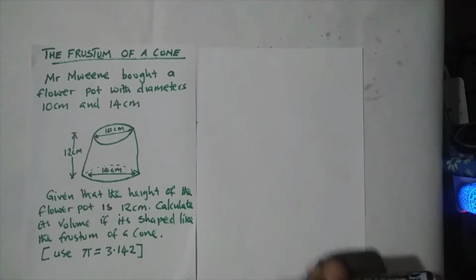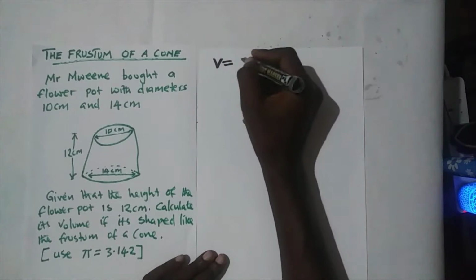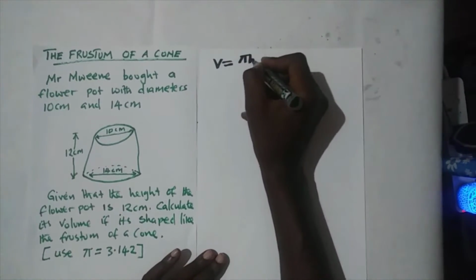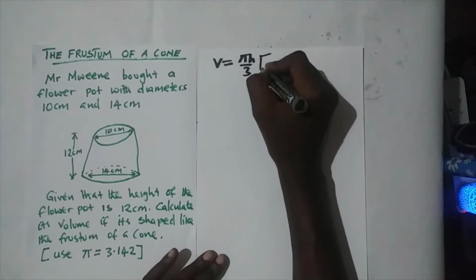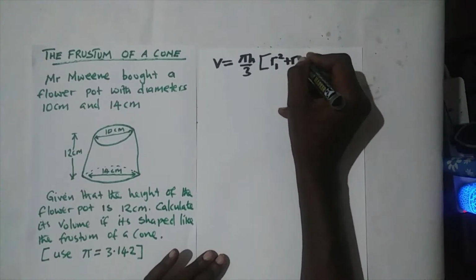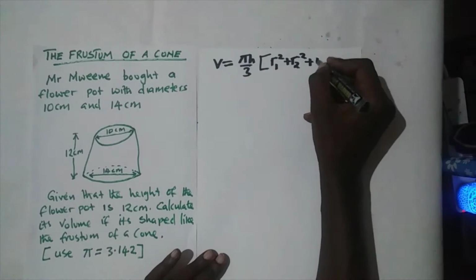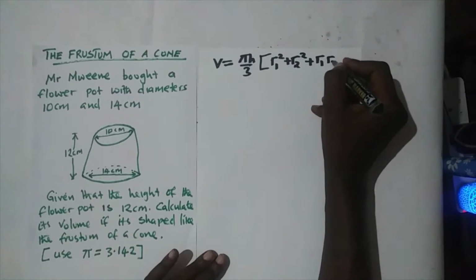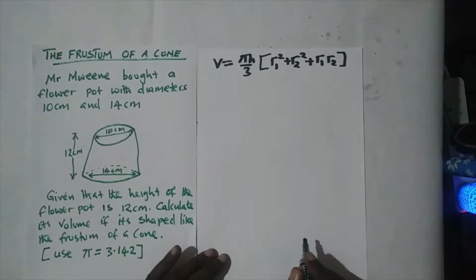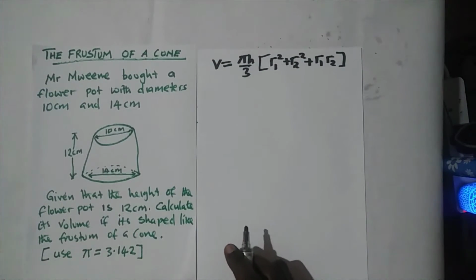So the formula is volume is equal to pi h over 3, times r1 squared plus r2 squared plus r1 times r2. This is the formula for the volume of a frustum of a cone.